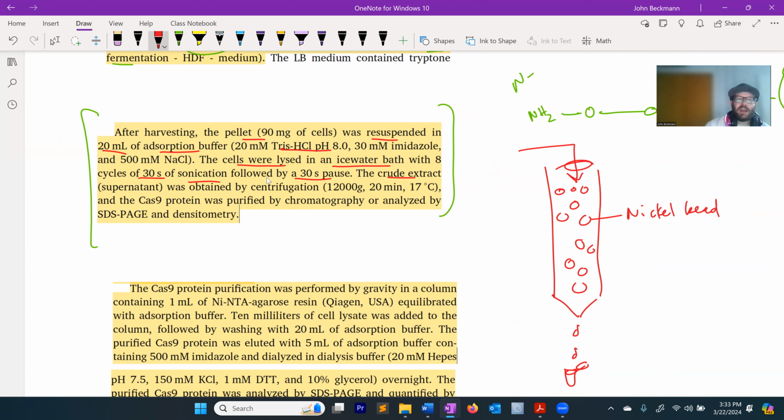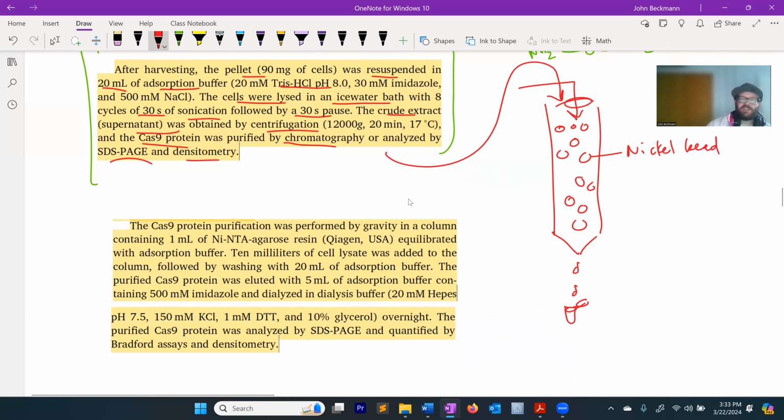And then the crude extract, the supernatant, which tells you that the Cas9 is soluble, was obtained by centrifugation. So they centrifuge the broken stuff down, take the soup, and then the Cas9 was purified by chromatography. That's what I mean, running over the column. And then they quantify their yield via SDS-PAGE and densitometry. So at this point, you should be able to read this paragraph and visualize and understand everything that they're doing, the methodology in this paragraph.